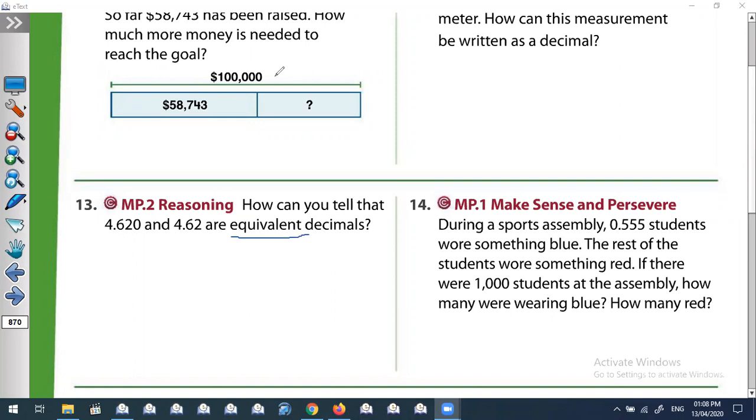We are going to tell that if we add any zeros to the right of the decimal point, the value of the number doesn't change.